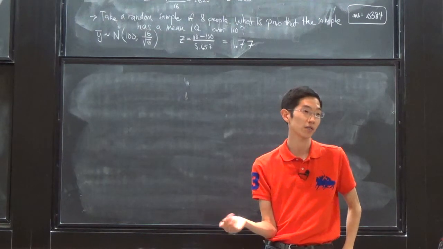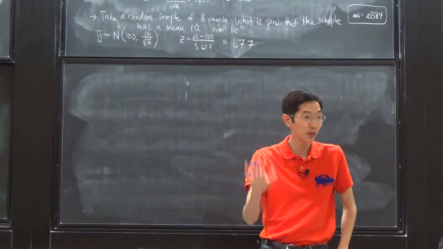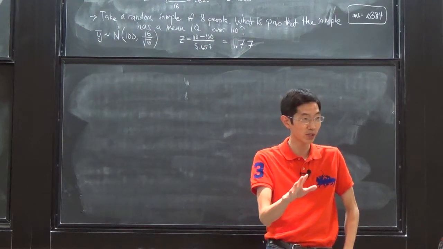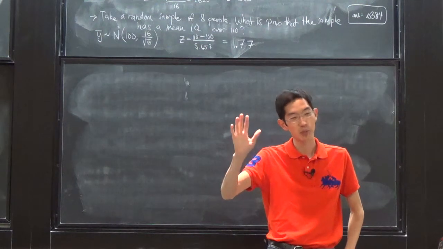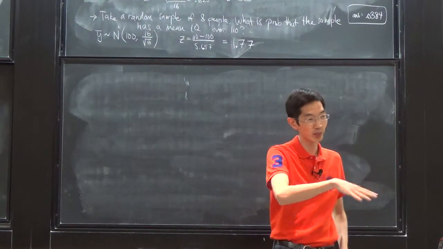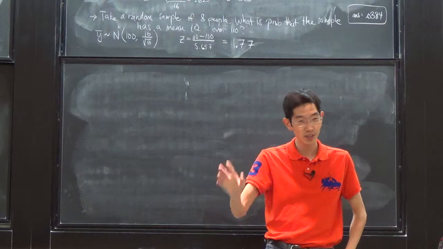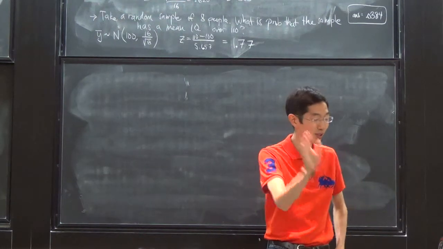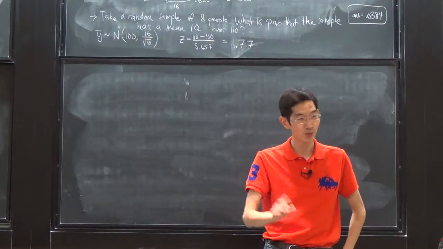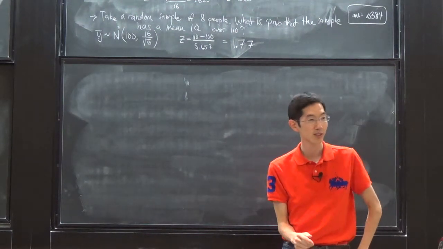Okay. So that's the only time you do the continuity correction. It says approximate the binomial with the normal. That's the only time. If you don't see the words approximate this with this thing, don't use the continuity correction.